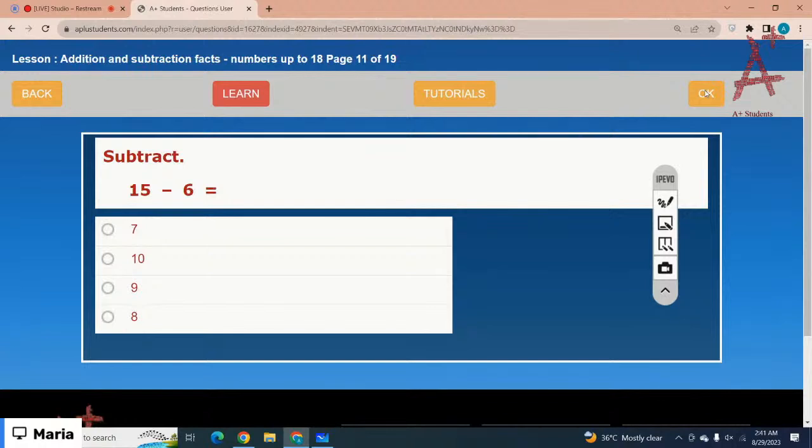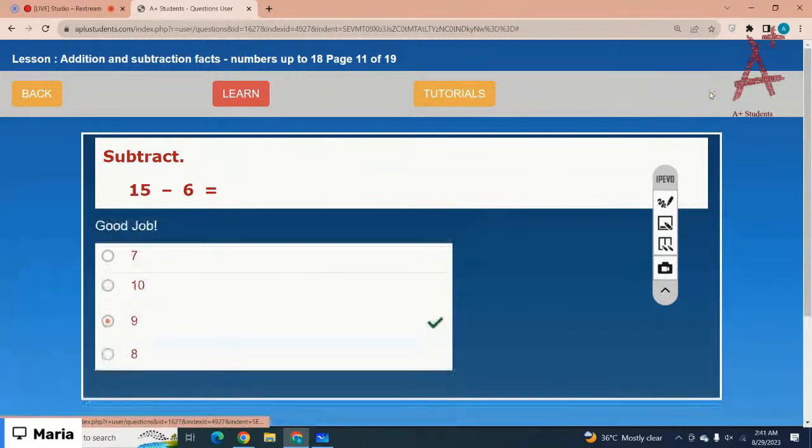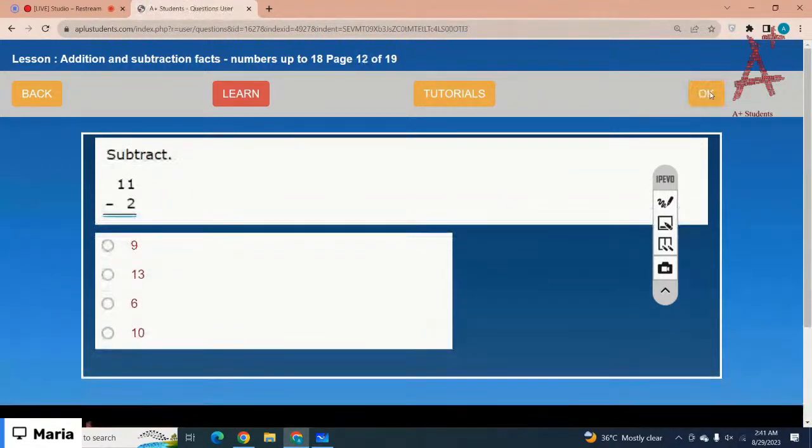So 15 take away 6 equals 9. The correct option is 9. 11 take away 2. So which is the correct option? 11 take away 2 equals 9. The correct option is 9.